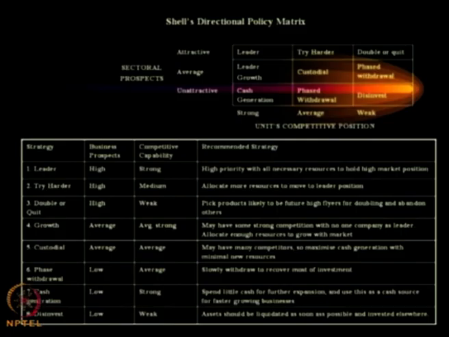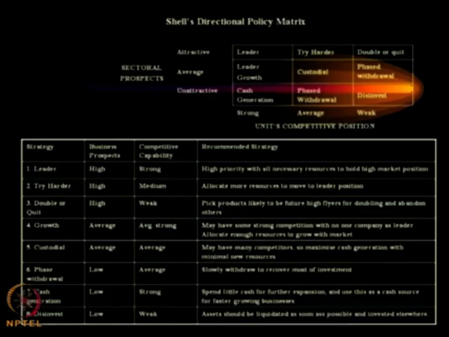Now, if you go to this particular slide here, Shell's directional policy matrix looks at sectoral prospects, because it considered the oil sector. Considering the oil sector, it goes from unattractive to attractive.